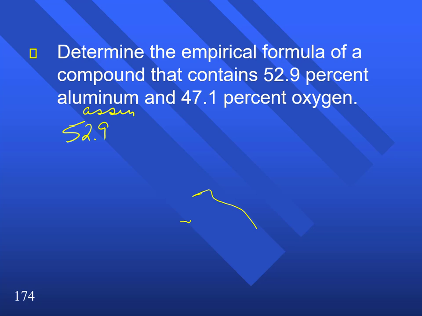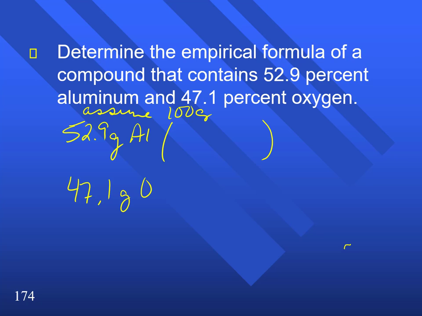I'm going to assume 100 grams so that I can write 52.9 grams of aluminum and 47.1 grams of oxygen. Change the grams of aluminum into moles of aluminum.